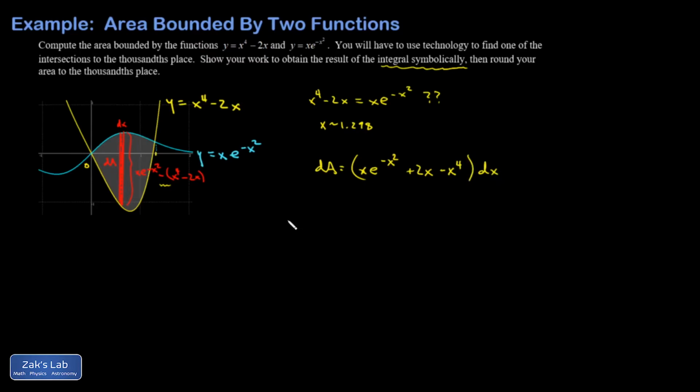Now we're going to add up all the area. That's all an integral is. So I have the sum of all the dAs. So use an integral sign for the sum. Plug in all your dAs: x e to the negative x squared plus 2x minus x to the fourth dx as x goes from 0 to 1.298.